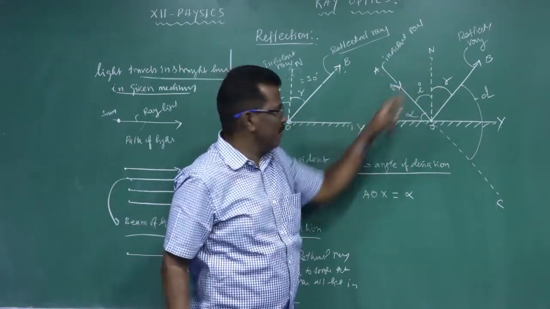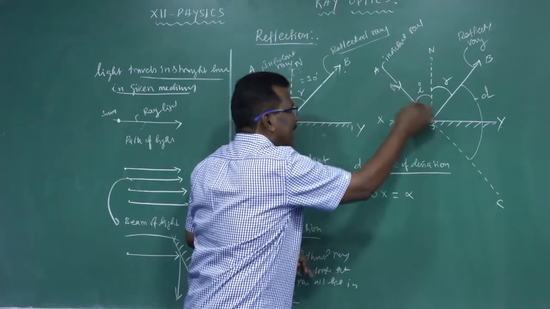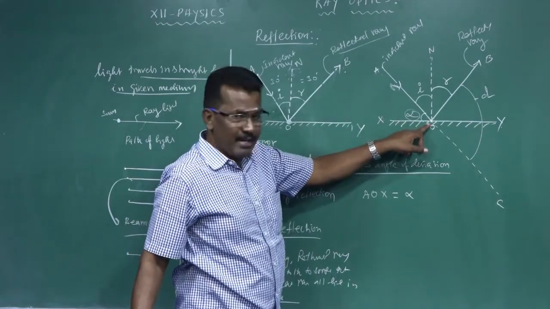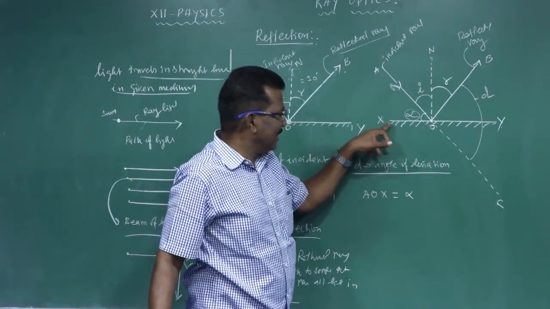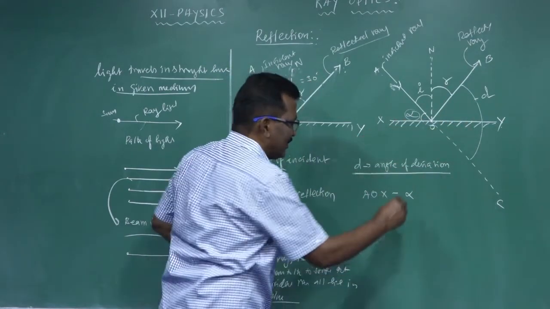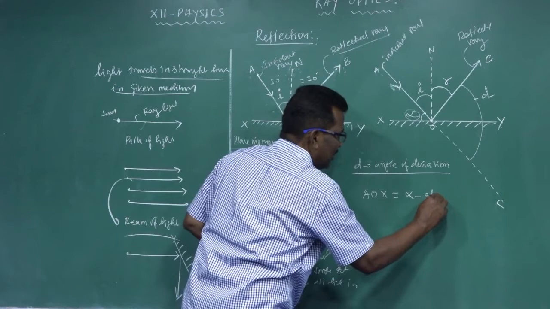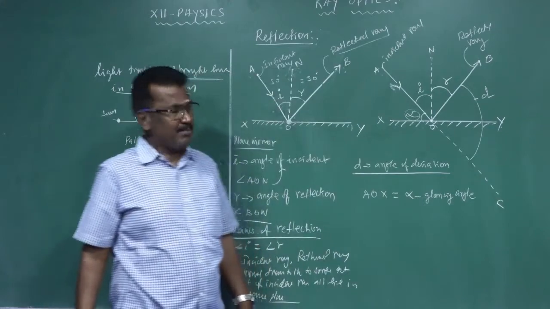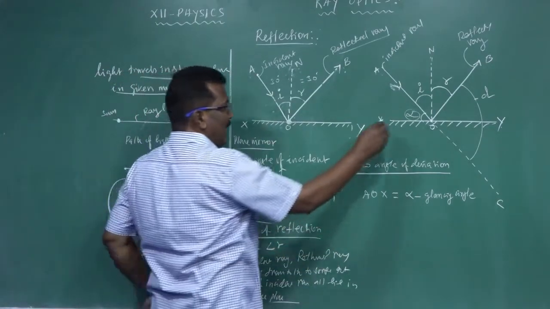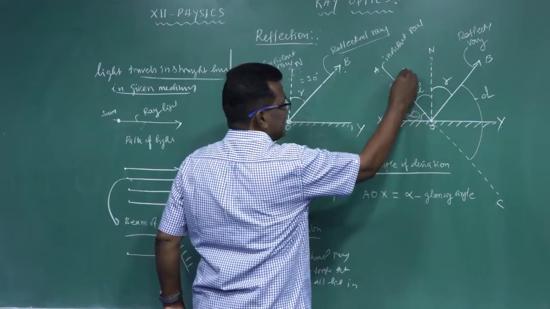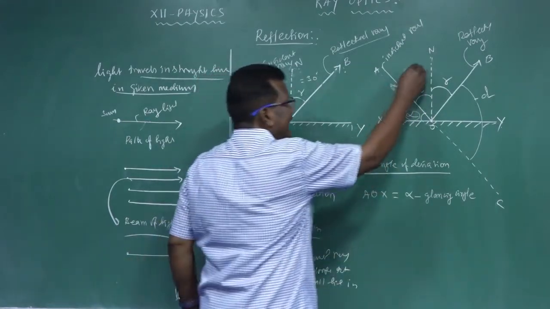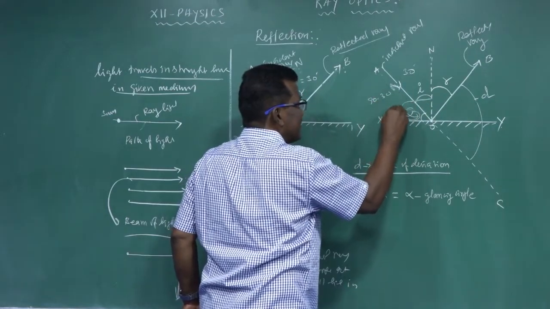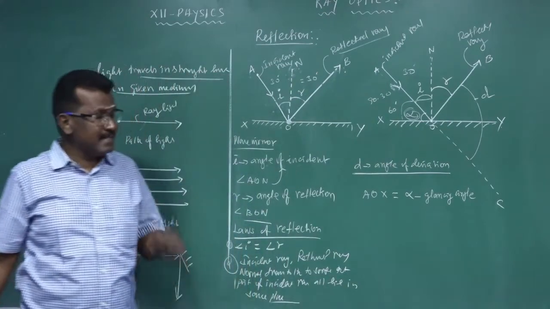AON is the angle of incidence. This is also an angle made with the XY plane along OX. So this is called the glancing angle. If the angle of incidence is 30 degrees, the glancing angle is 90 minus 30, so it is 60 degrees.